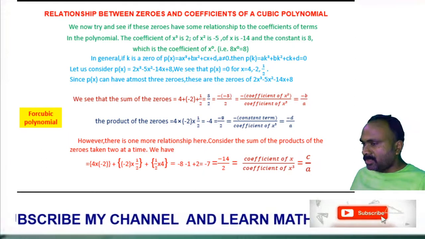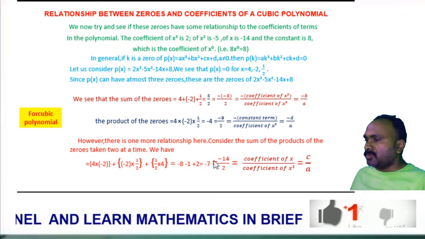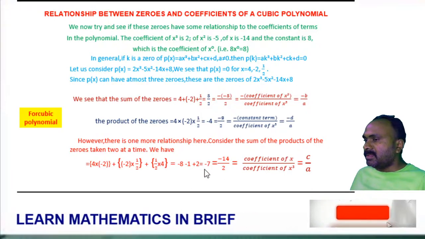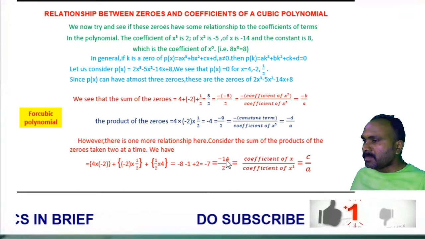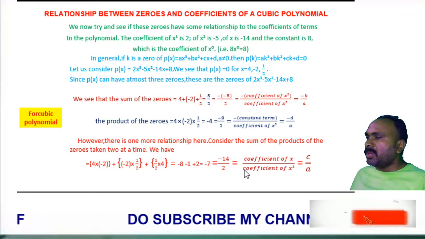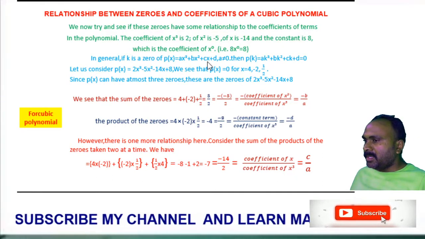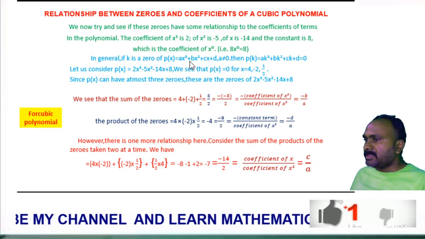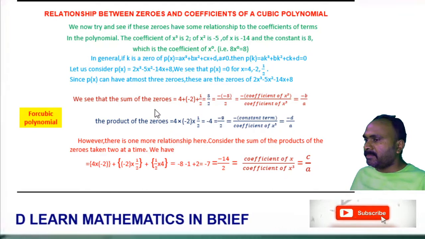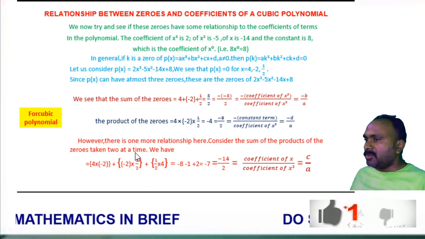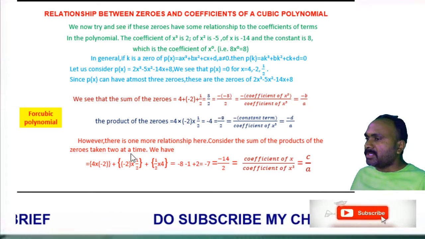We get minus 8 minus 1 plus 2 equals minus 7, which can be written as minus 14 by 2. Here minus 14 is the coefficient of x and 2 is the coefficient of x cube, so the coefficient of x is c and the coefficient of x cube is a. So here we have the sum of zeros, the product of zeros, and another relation, the sum of products of zeros taken two at a time.